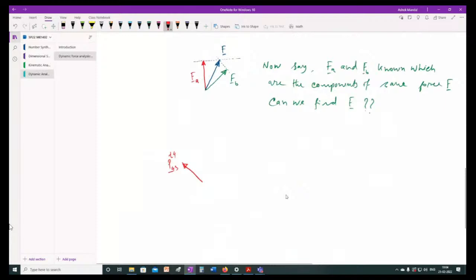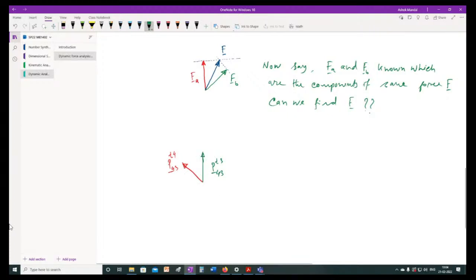So let us draw that. This is P43 tangential to link 3. These two forces are completely known to us.